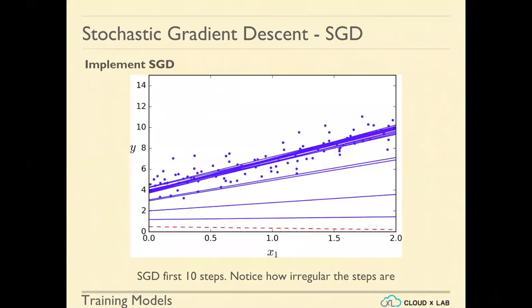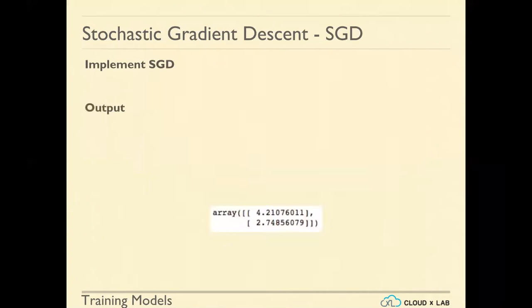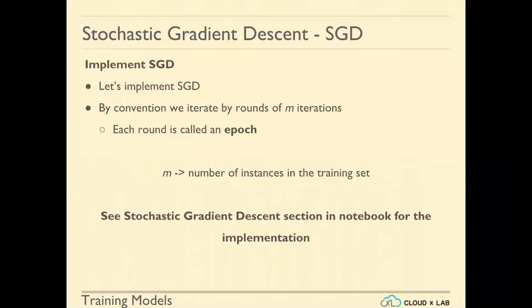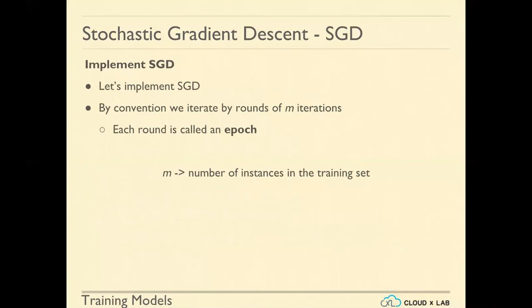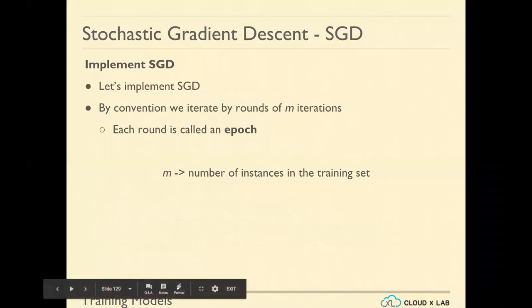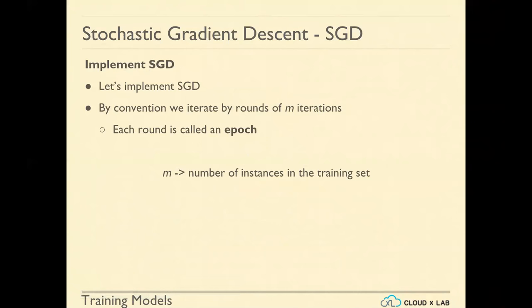Everything is valid for multivariate linear regression. Okay, let me see. Is the voice problem with everybody else?